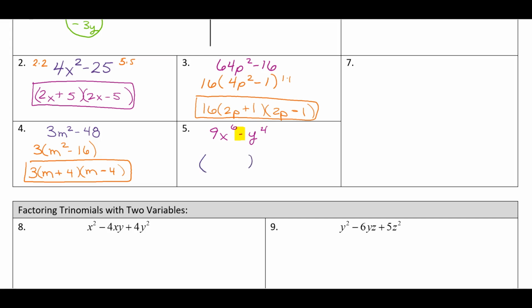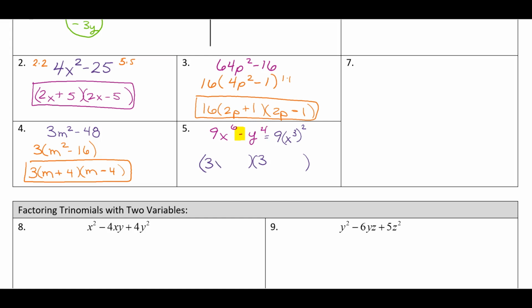So we're going to try setting up our factor pairs. So 9 is a perfect square. It's 3 times 3. Now believe it or not, x to the 6th is a perfect square. Because if I use my exponent properties, I can rewrite this as x to the 3rd, squared. Because x to the 6th is just x to the 3rd 2 times.